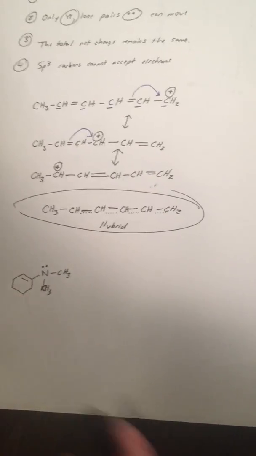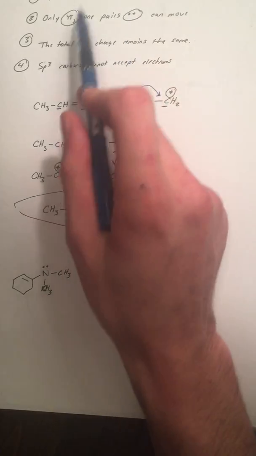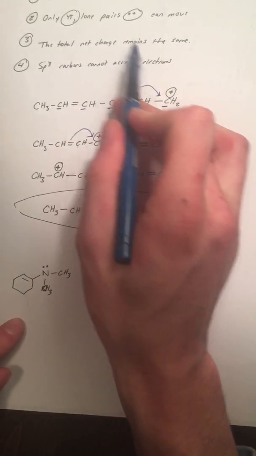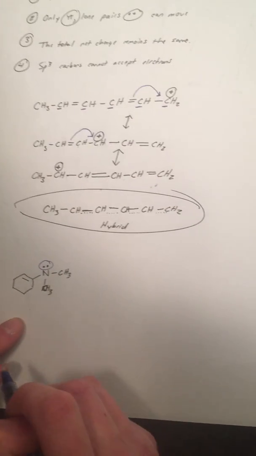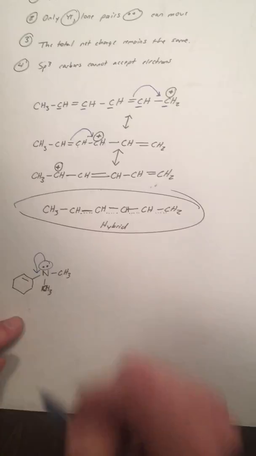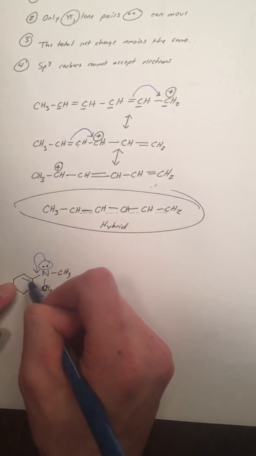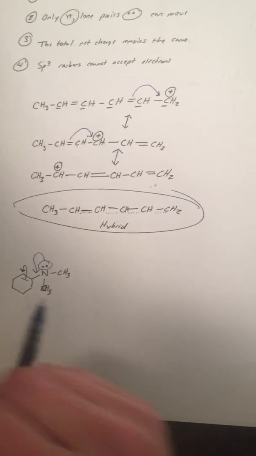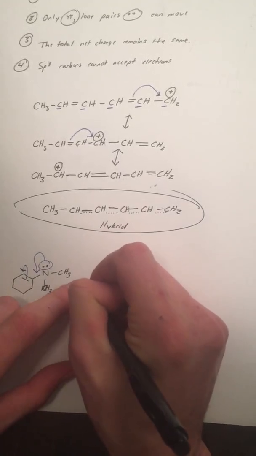Using our second or third rule, we'll take these lone pairs, start there, and bounce them there. And then once that happens, we need to move this double bond onto a carbon. So we're moving the electrons inside the ring.